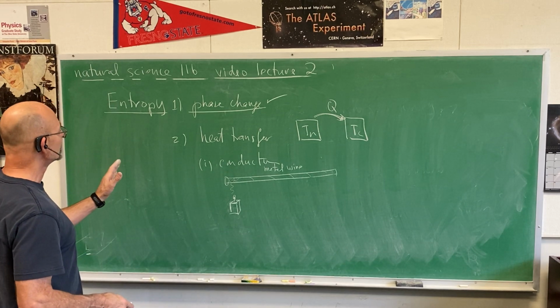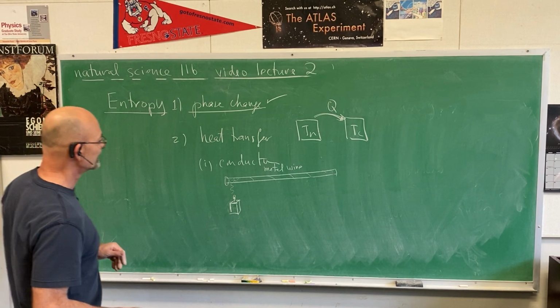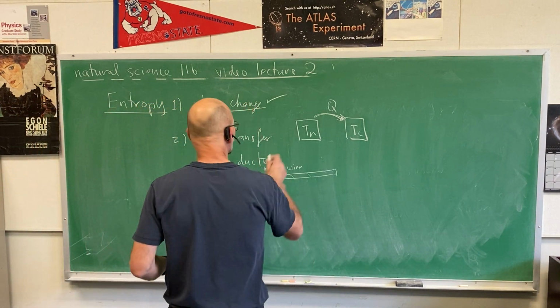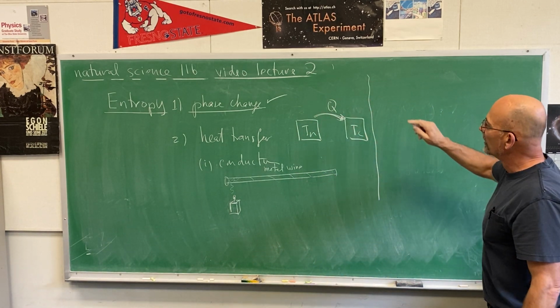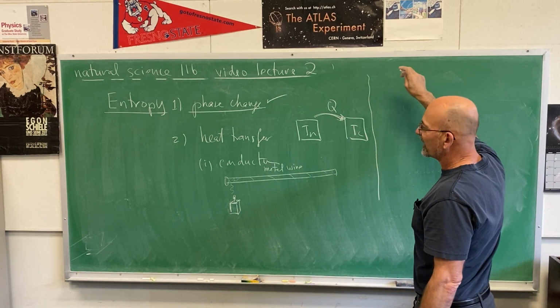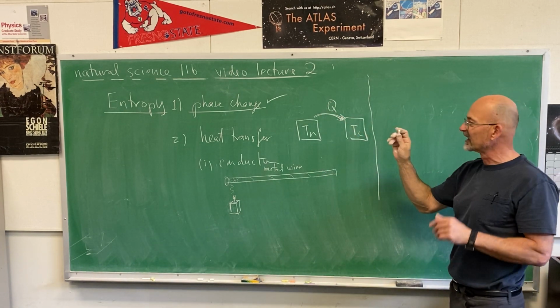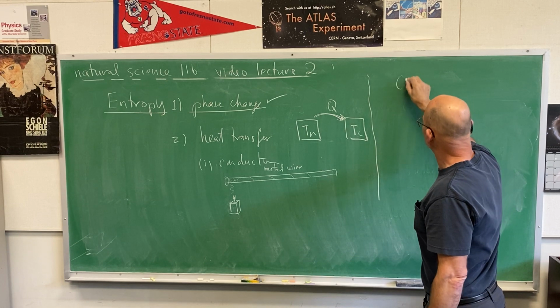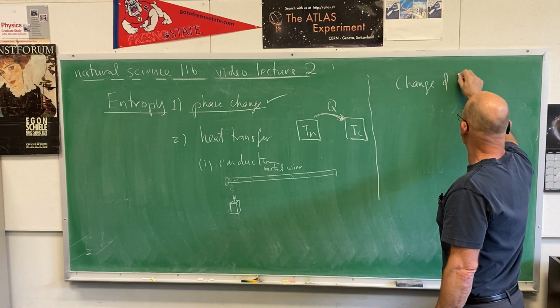So I'll leave this here, and let me see, I'm going to find something to end this with. By the way, this was just qualitative right now. Now I'm going to get a mathematical expression for the change of entropy.